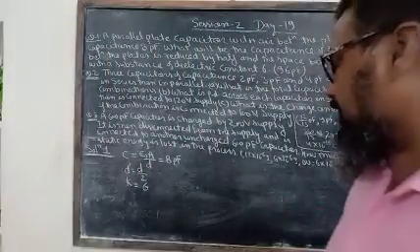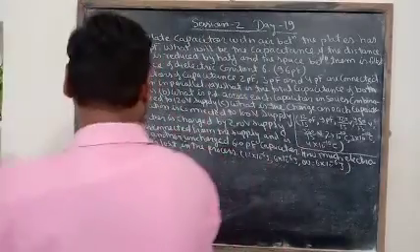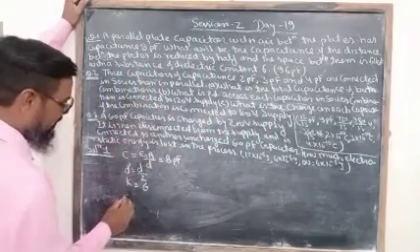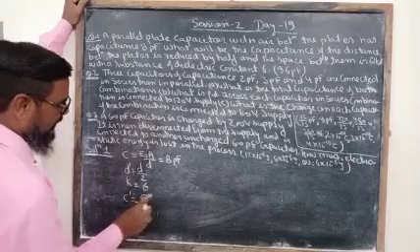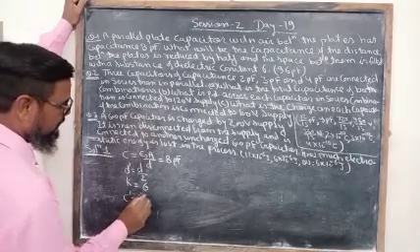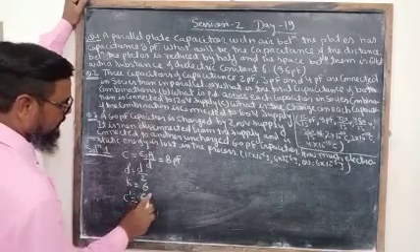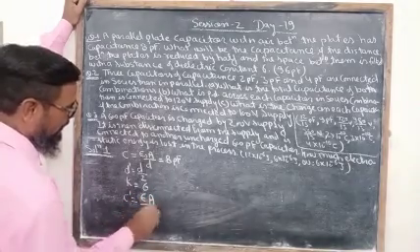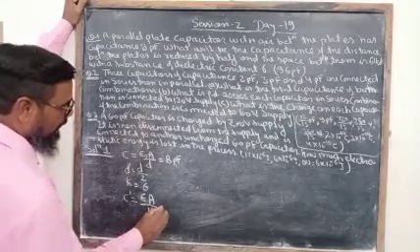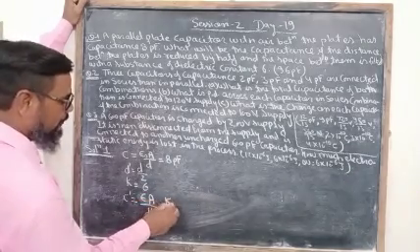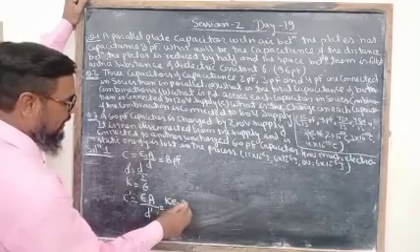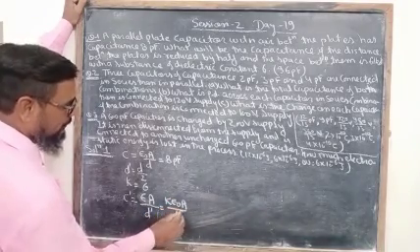Now the new capacitance will be C dash is equal to epsilon A upon D dash, where epsilon is K epsilon naught. Now we shall put the value: K epsilon naught A upon D by 2.